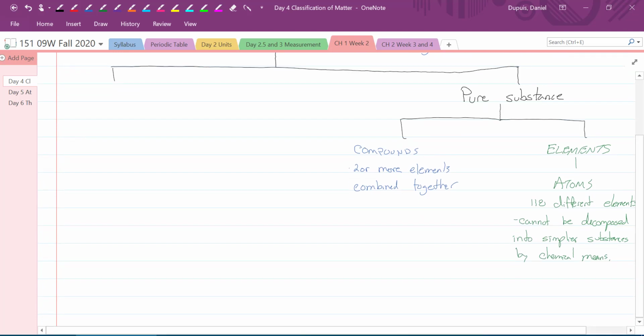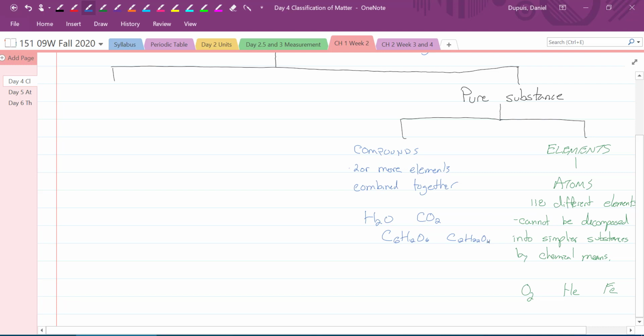Elements, for example, O2, He, Fe. Compounds would be something like water, H2O. Carbon dioxide is another common one people know. Sugars, C6H12O6, or C12H22O11.